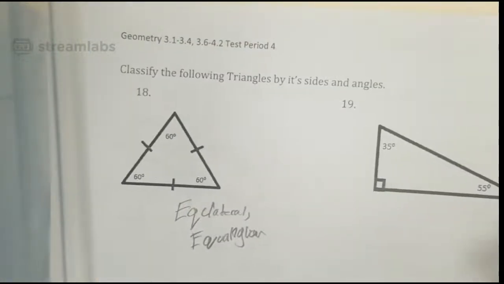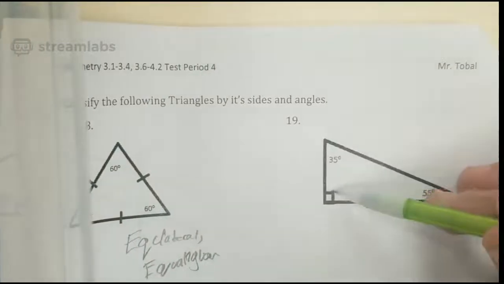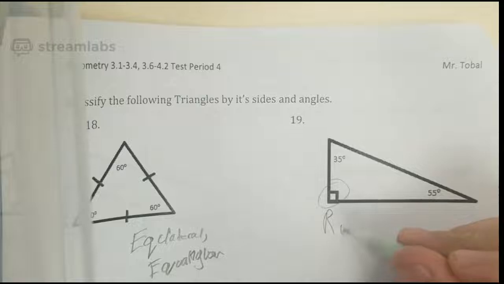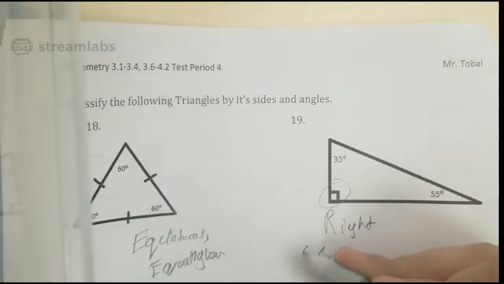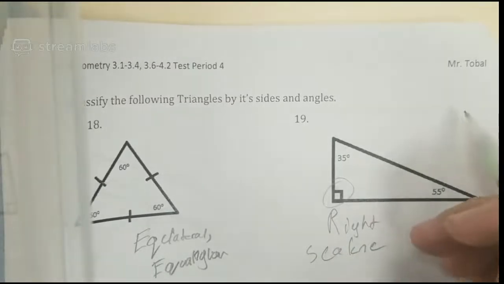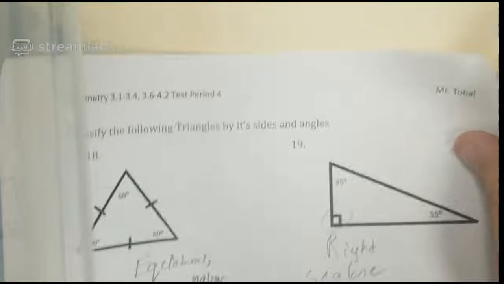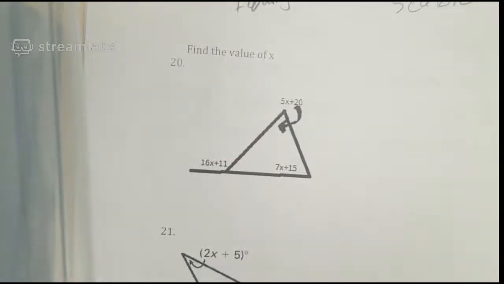Over here on the right is the right triangle. 90 degrees, 35, 55. Since 90 degrees is here, this is a right triangle. And since none of the angles match, it's a scalene triangle. Scalene triangles are triangles that don't have any matching sides. If you were to randomly draw 3 points and then connect the dots into a triangle, they would be more likely scalene than anything else.